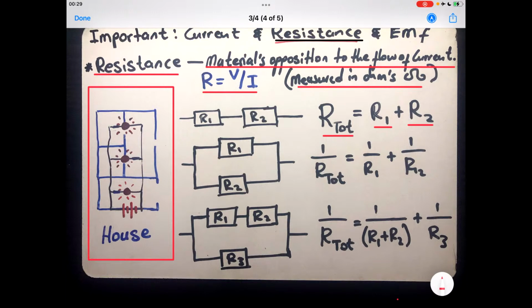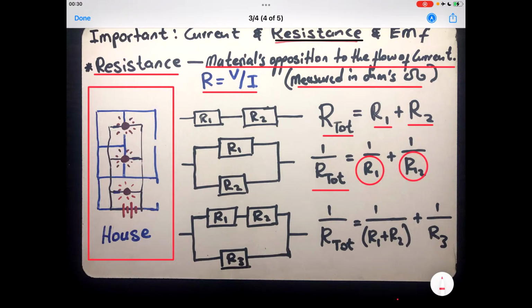When it comes to the parallel connection, honorable members, to calculate the total resistance you have the formula which says 1 over R total equals 1 over R1 plus 1 over R2. This formula is not limited.